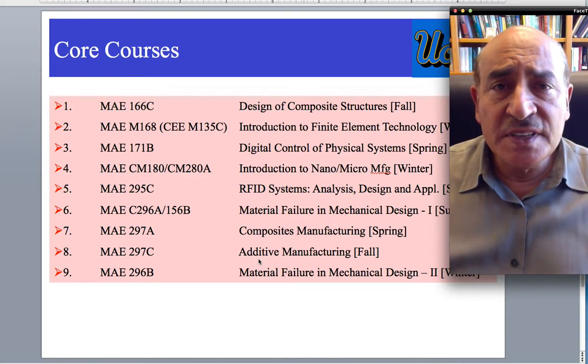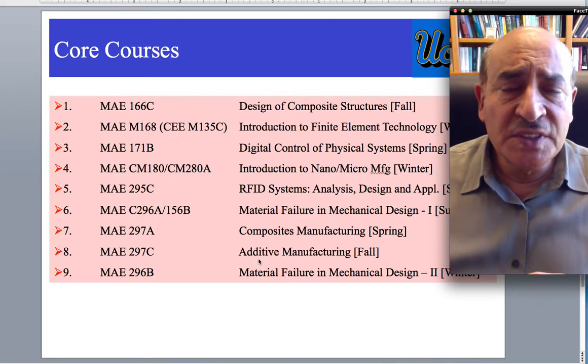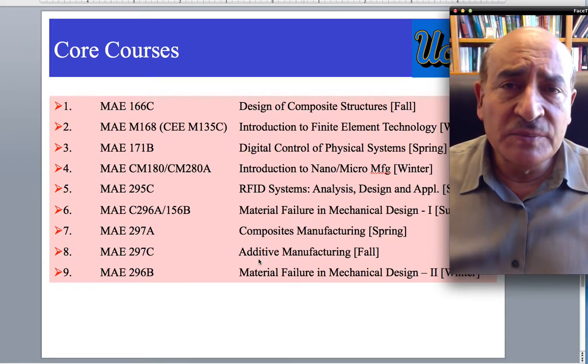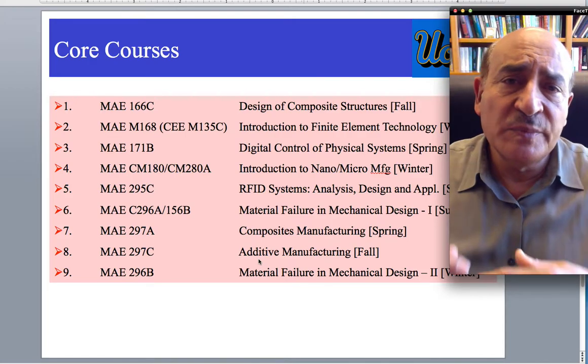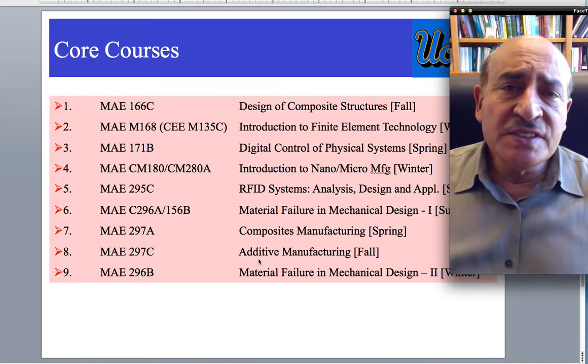However, this course is dedicated to a very exciting area, and this area is, in general, we call it additive manufacturing, but it is basically rapid prototyping. So you have a CAD model in 3D, and then the CAD model is fed into a 3D printer, and the printer works with a laser, or you can work with electron beams, and you melt materials and you build them up by addition, different alloy compositions, different geometries.